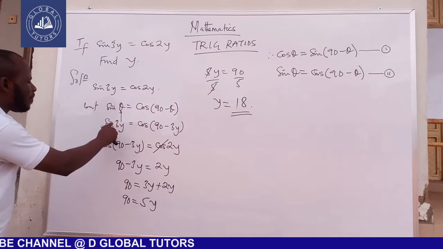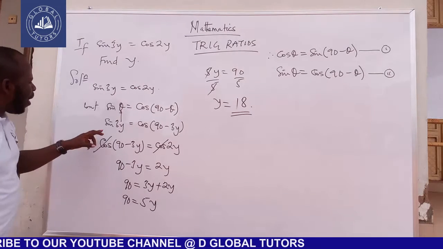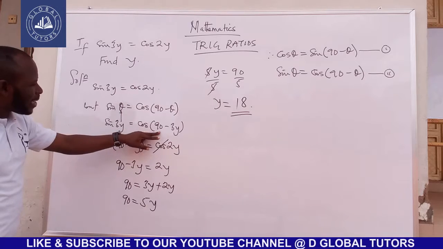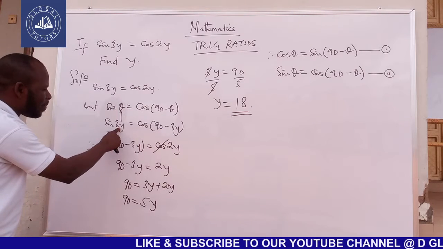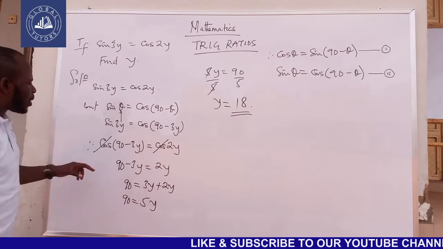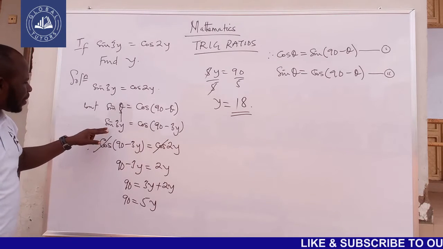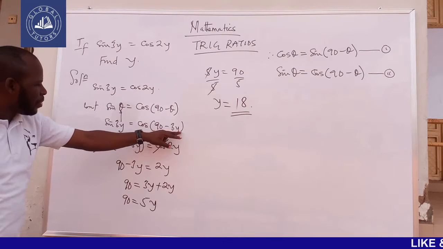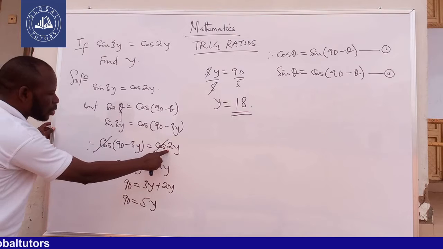It means that this 3y is representing theta. So I can now say sine 3y is cos 90 minus 3y because theta is now being replaced by 3y. So if I conclude like that, it means anywhere I see sine 3y, I can put cos 90 minus 3y. So I have cos 90 minus 3y equals cos 2y.